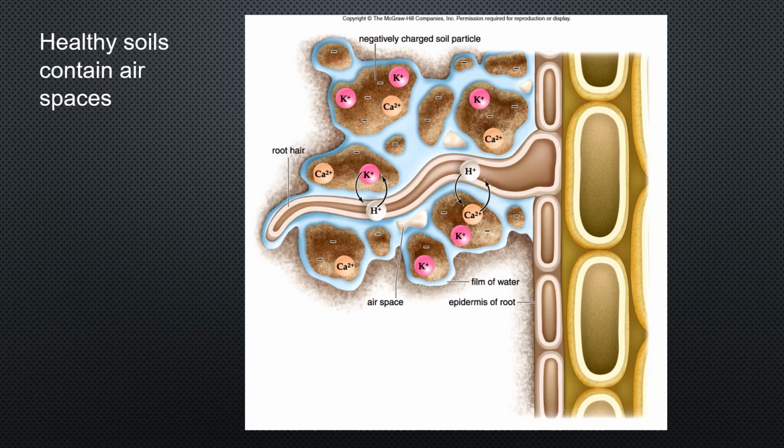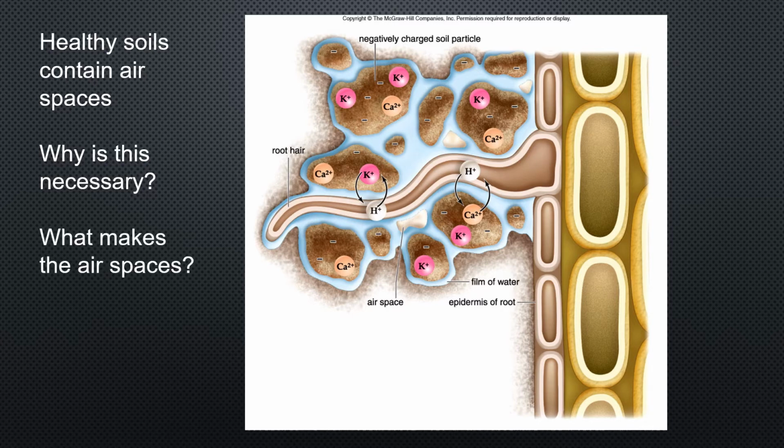So healthy soils contain air spaces. And why do you think that might be necessary? Well, it's important for plants, just like you and I, to have oxygen for cellular respiration. So even those root cells down in the ground need that oxygen as well. So oxygen is actually absorbed through the roots so that cellular respiration can take place.